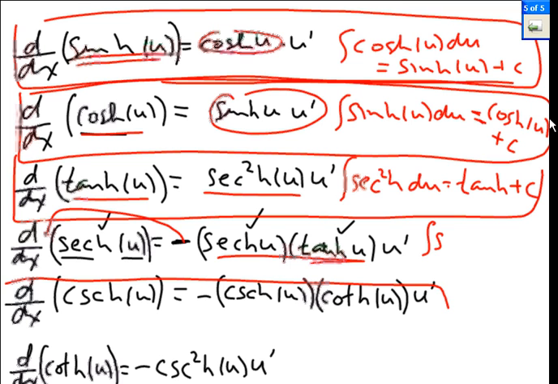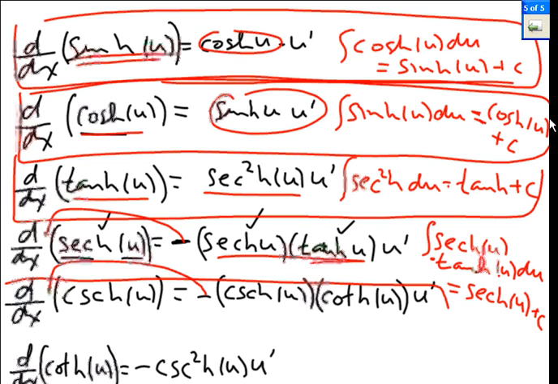So the integral of hyperbolic secant of u times hyperbolic tangent of u du is equal to hyperbolic secant of u plus c.